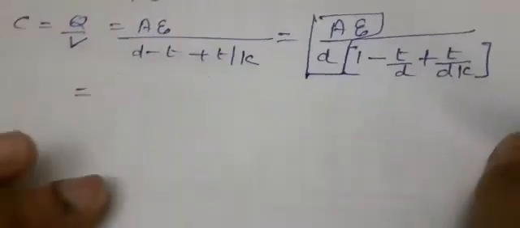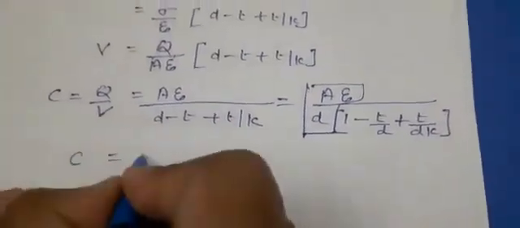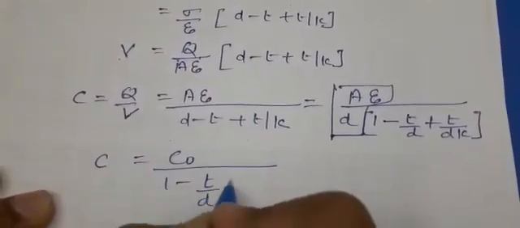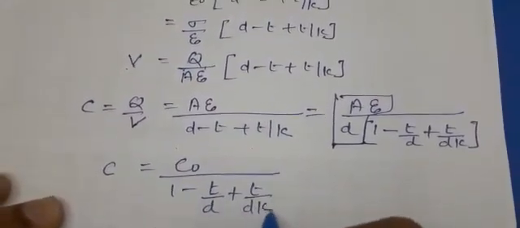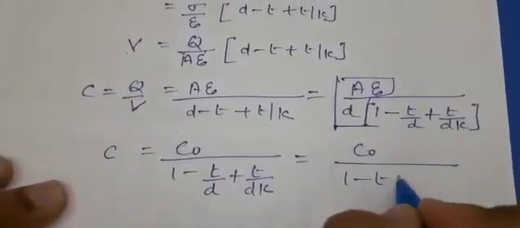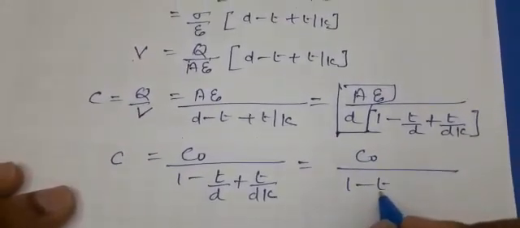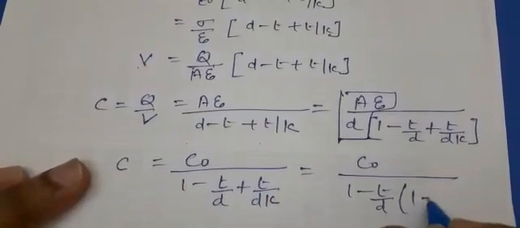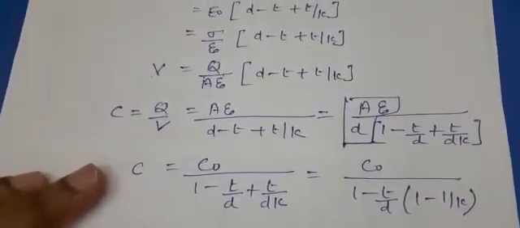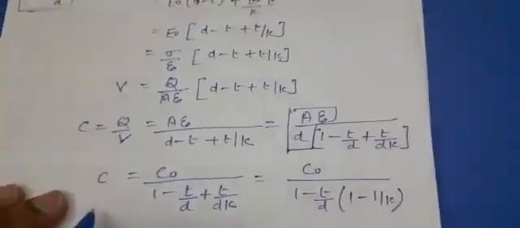So you can replace this by C is equal to C naught upon 1 minus t upon d plus t upon dk. Further you can take t by d common, this will be 1 minus 1 by k. Right? So here C is greater than C naught.